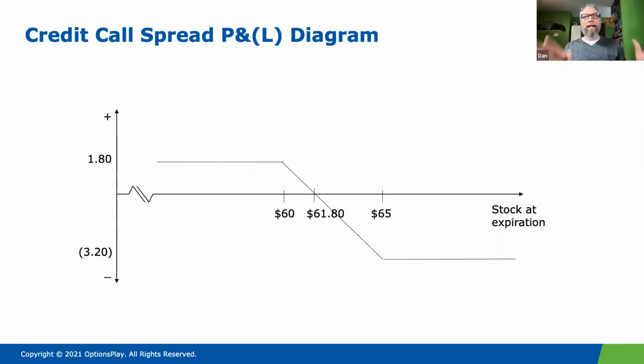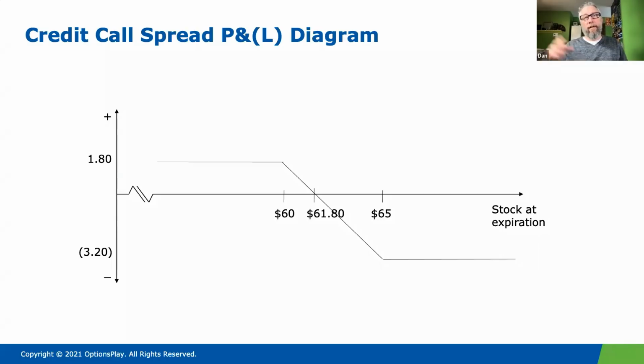Now, just looking at this graph here, what do you think the worst thing is that can happen? Well, what if the stock goes up above $65 a share and is trading there at expiration? That's the worst case scenario. Why? Because the 60 call that we're short would get assigned and I would have to short stock at $60 a share.